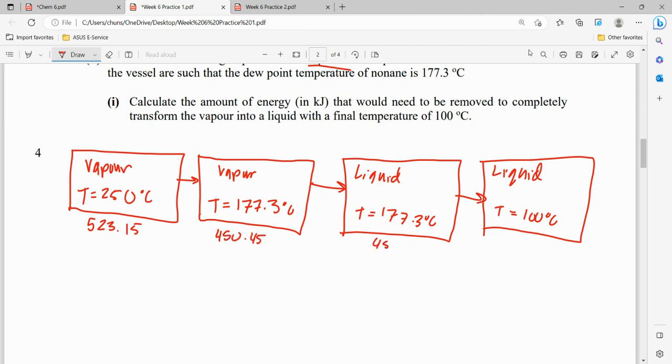And finally, we just have 373.15 Kelvin. So our temperatures are cooling, and since we are going from vapor to liquid phase, we are condensing our vapor.